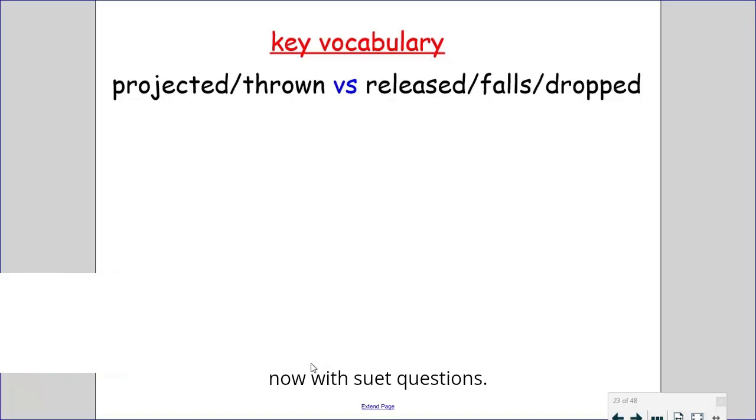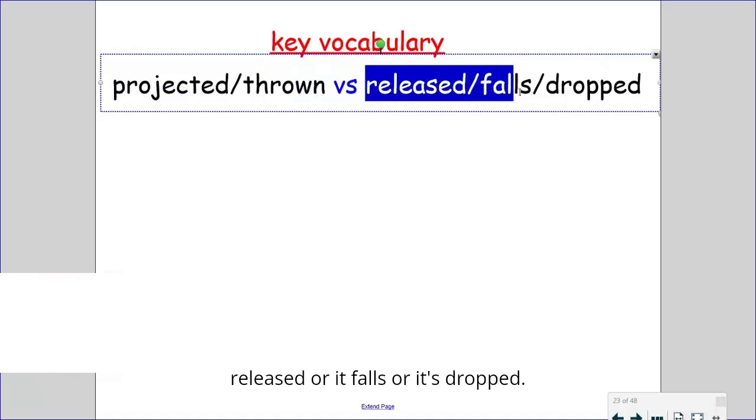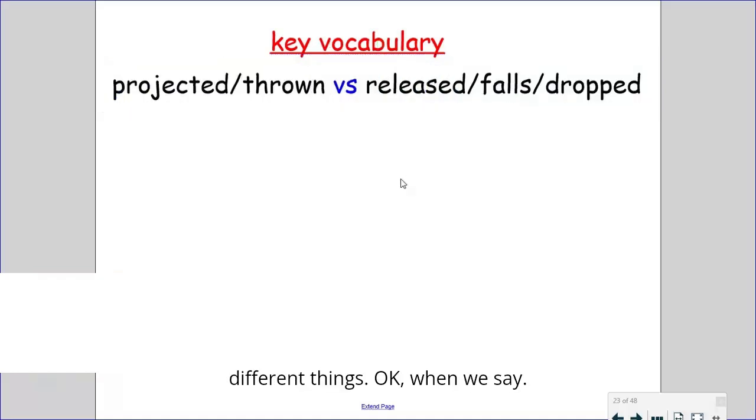Now, with SUAT questions based on vertical motion, we have to be very, very careful with regards to the vocabulary used in the question. There are times when they will use phrases such as, a ball is projected or thrown. And sometimes they will say a ball is released or it falls or it's dropped. Now, both of these are very, very different things.